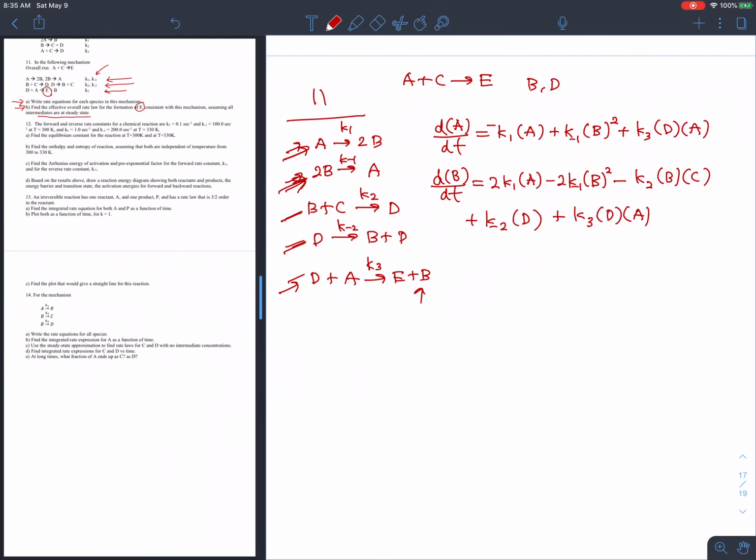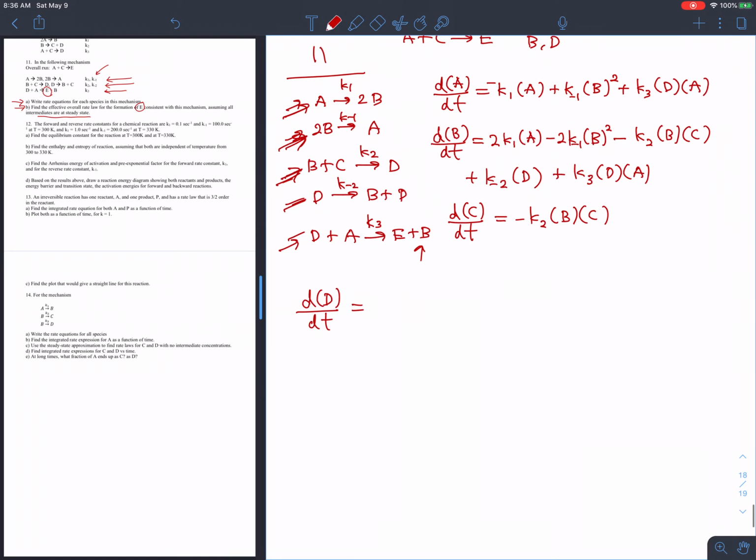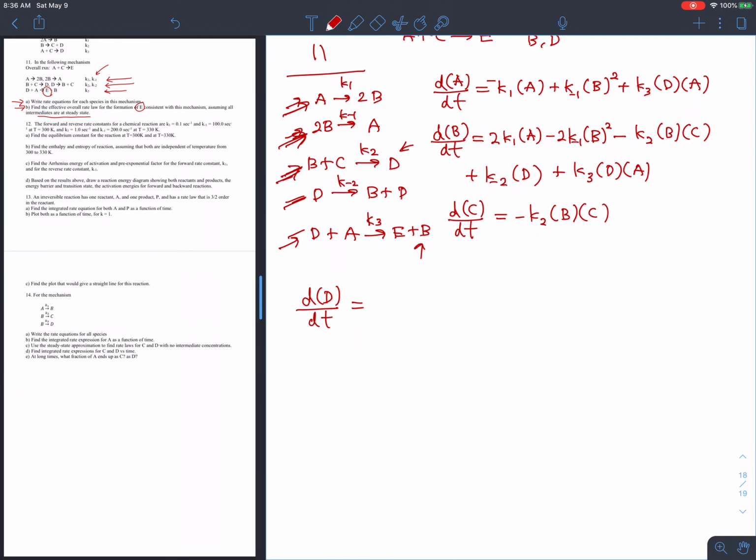Now dC/dt is going to be equal to, let's see, C only appears here, I think, right? That's the only place, yes. So just one term, and it's a reactant, so minus k2 times B times C. Then dD/dt, another intermediate, is equal to, let's see, D appears here, and here, and here, in 3 terms.